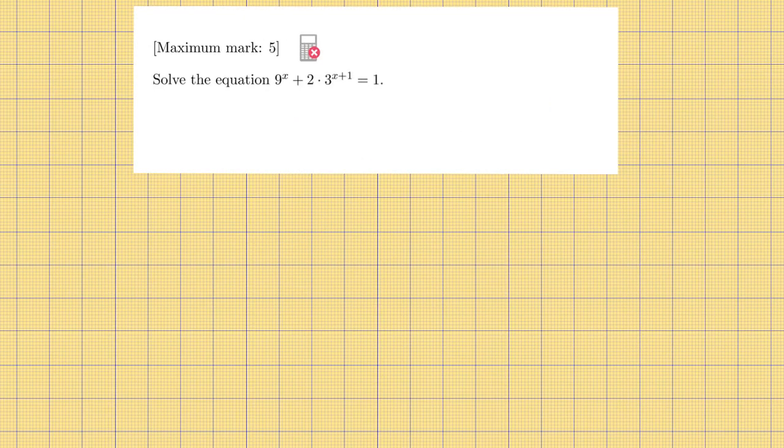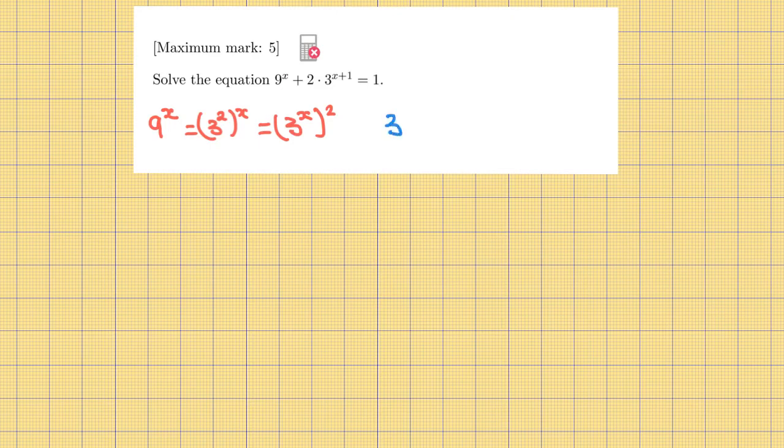A more difficult question is something like: solve the equation 9 to the power of x plus 2 times 3 to the power of x plus 1 equals 1. Again, we need to make sure all the bases are the same. 9 to the power of x is the same as 3 squared to the power of x, which can also be written as 3 to the power of x, all squared.